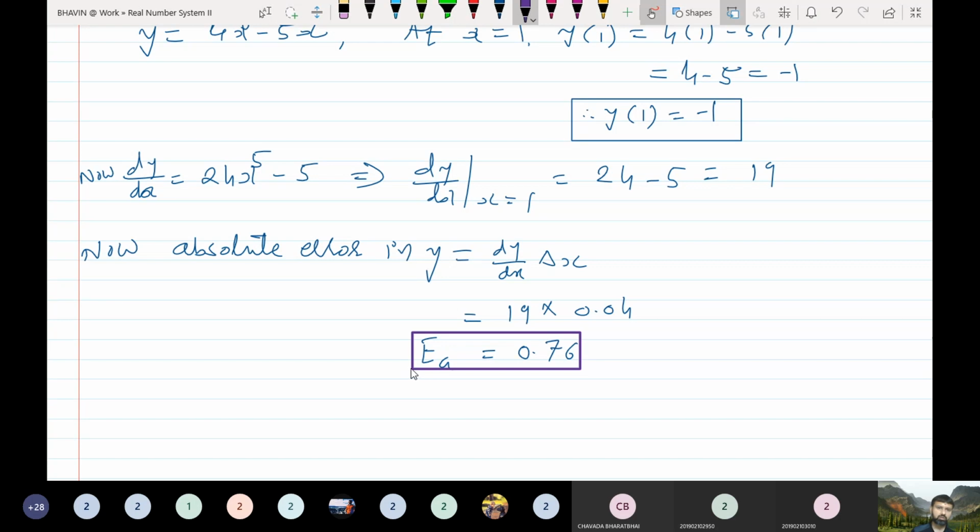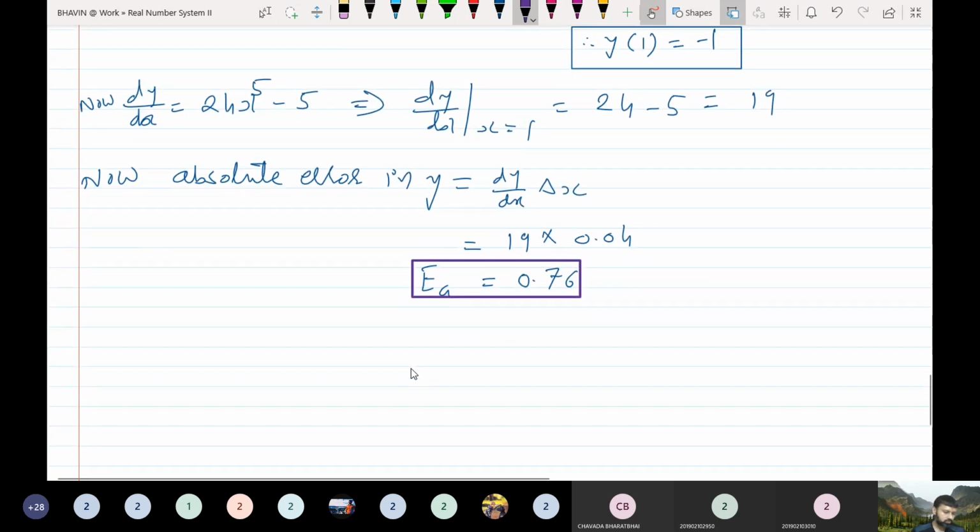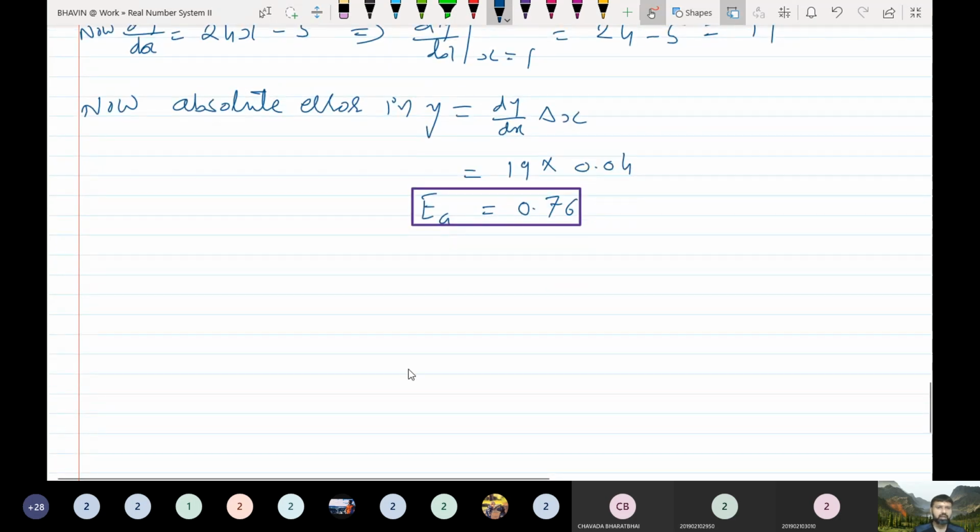So now let us find out relative error. So what is the formula of relative error? Just divide this error by its true value and you will get relative error. ER is equal to absolute error upon its true value.